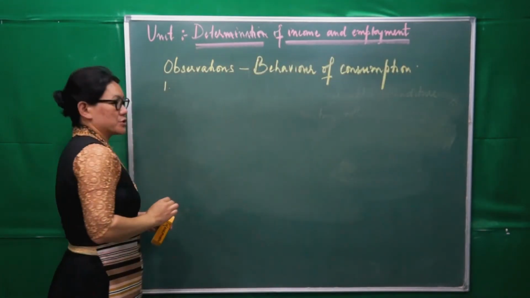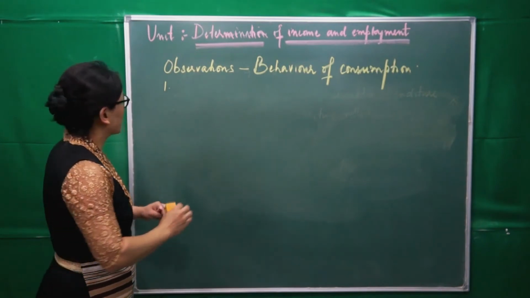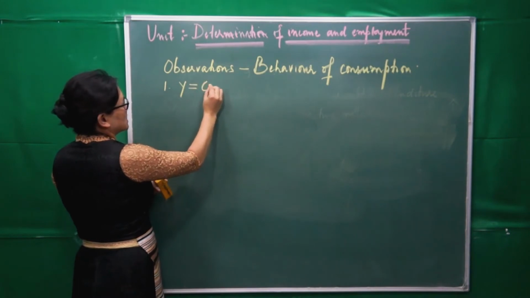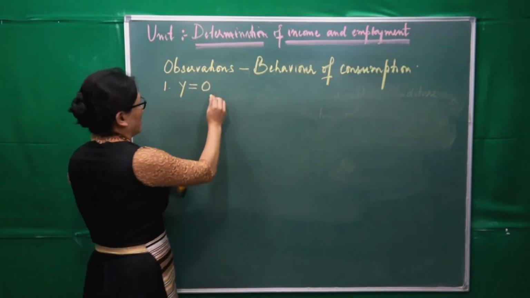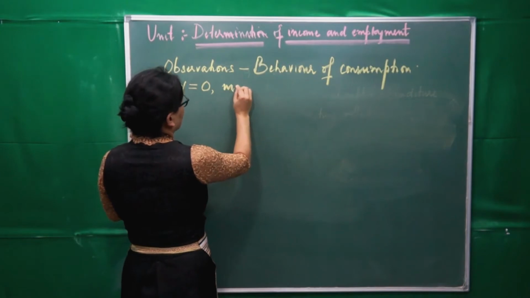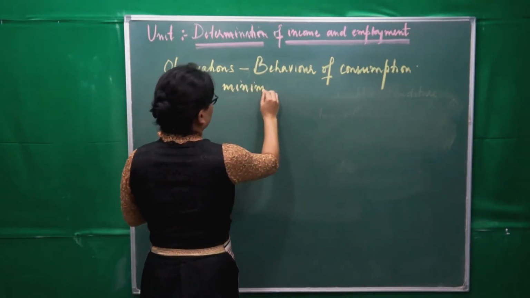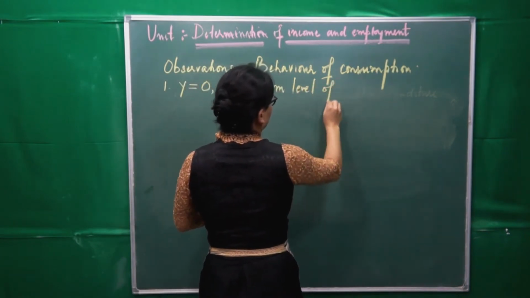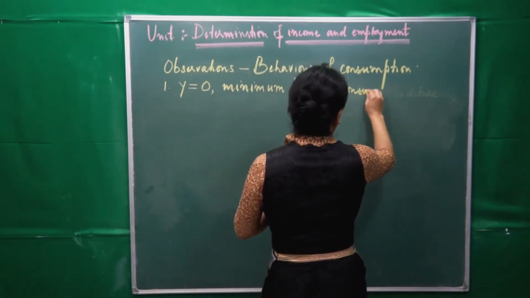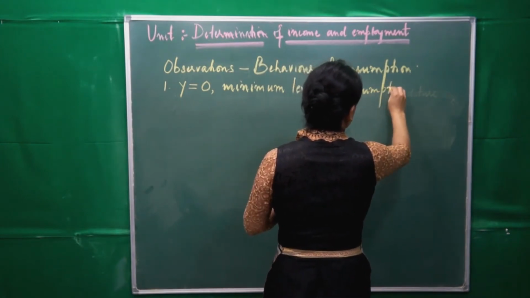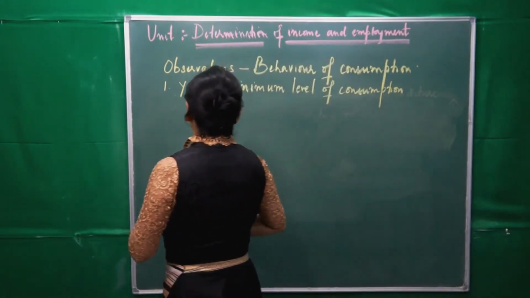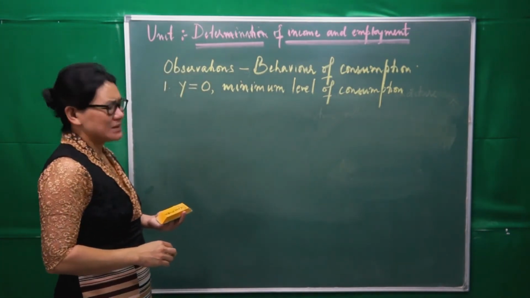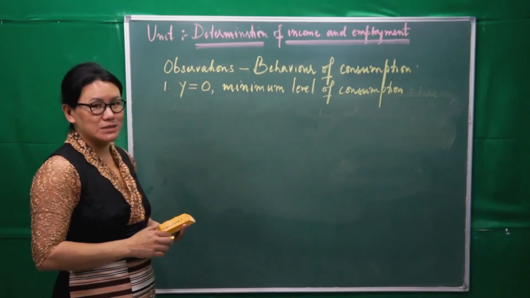The first observation is, when income is 0, there will be a minimum level of consumption. Alright, this is the first observation. What it says, when income is 0, there will be a minimum level of consumption.